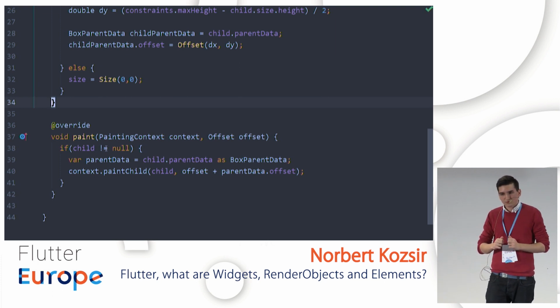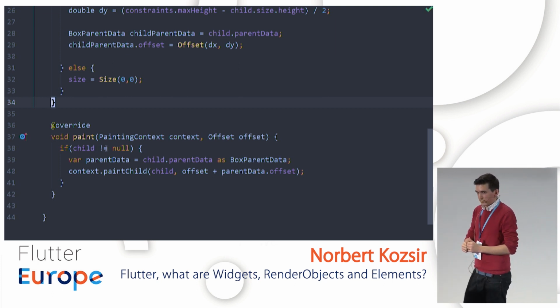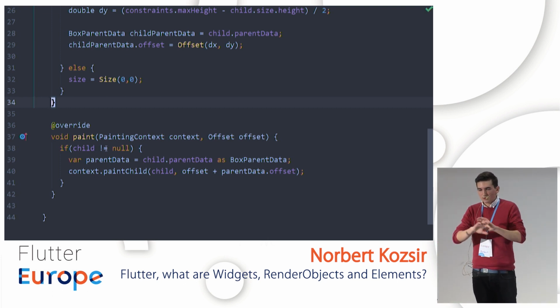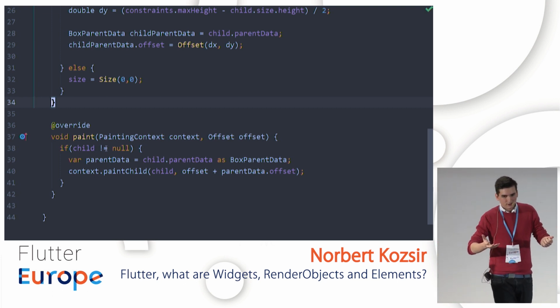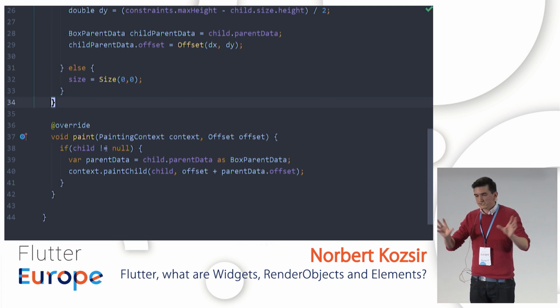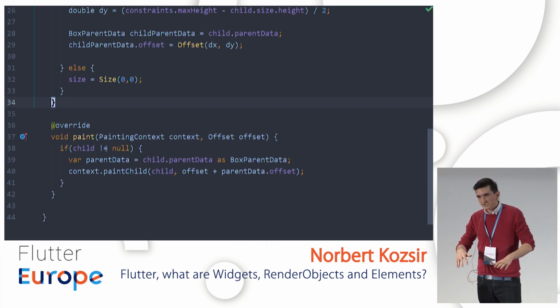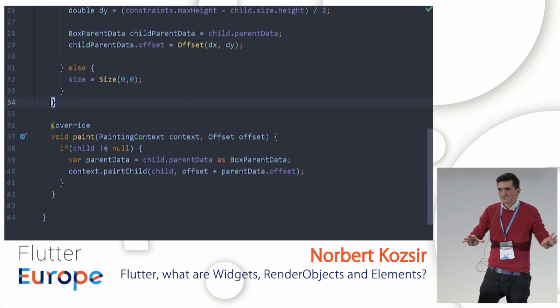But definitely, breaking stuff on a render object layer is super easy. As you have seen, I forgot to set the size, which is nowhere like on the widgets you see, okay, you got the constraints, this is not allowed, fix this. Render objects like, something went wrong, fix it.